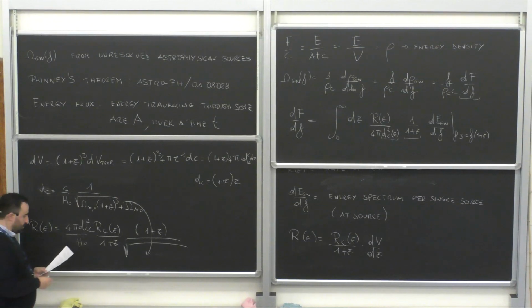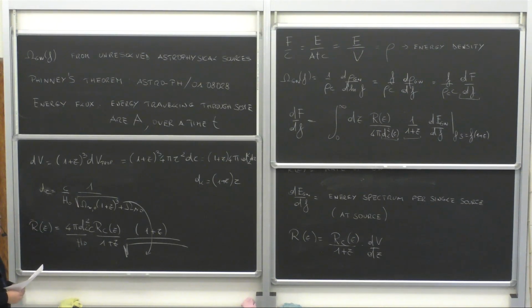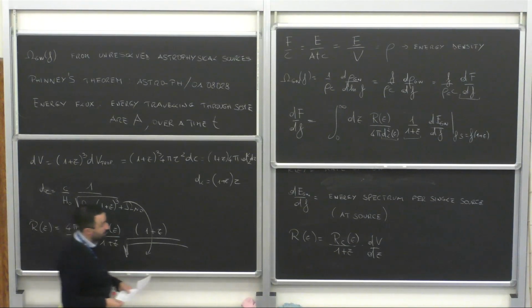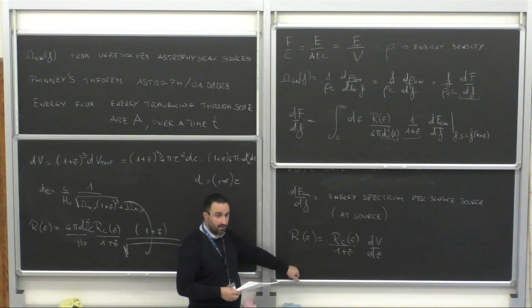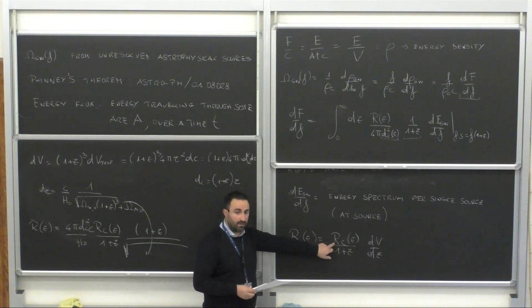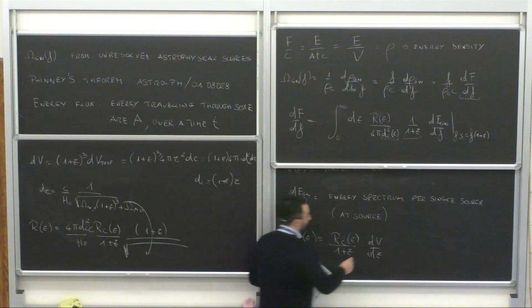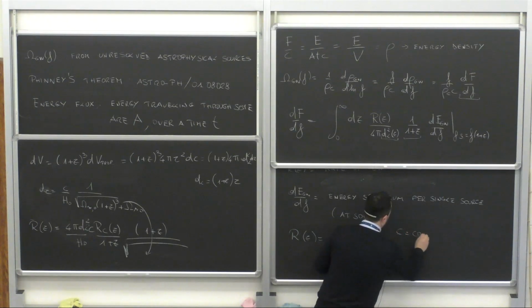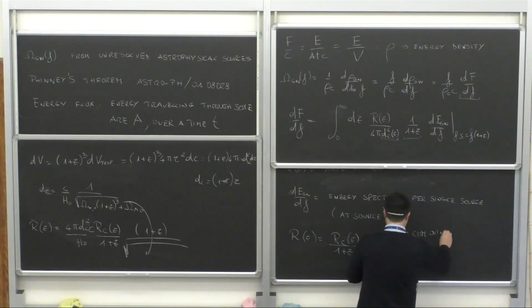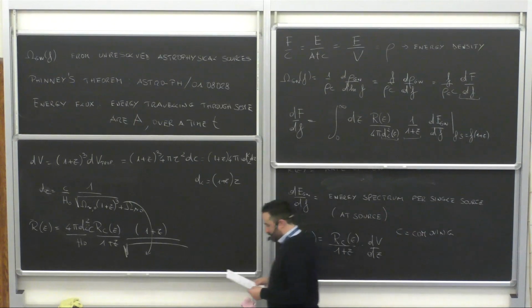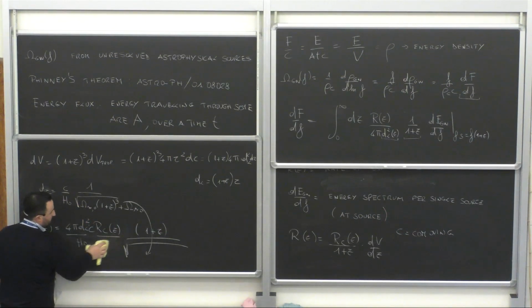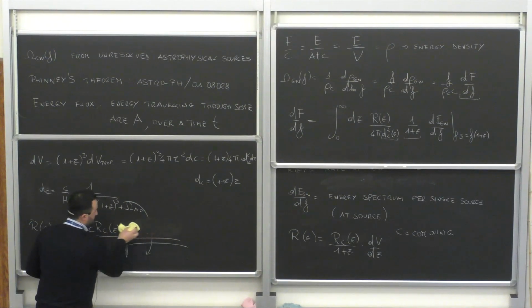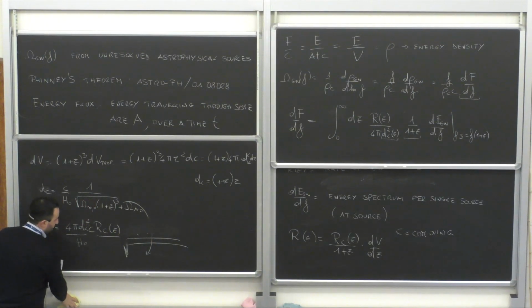So essentially what you get, what is this? This is the co-moving one, yes. Okay. So if you do this, essentially what you get is this, okay?